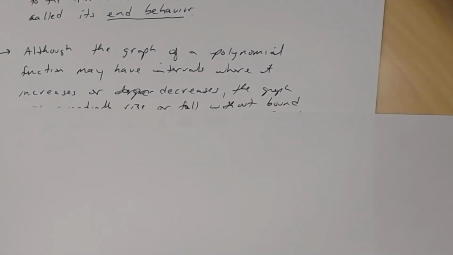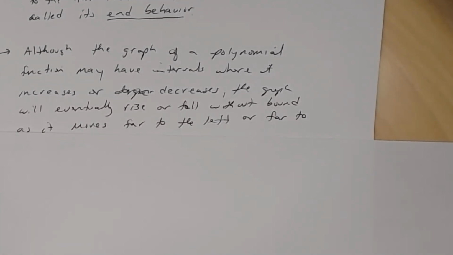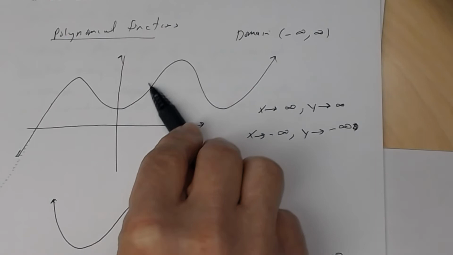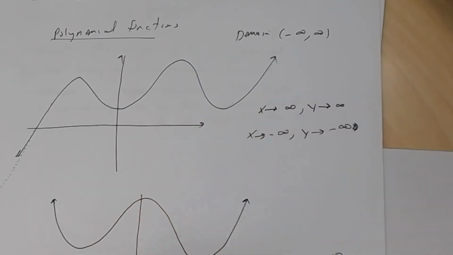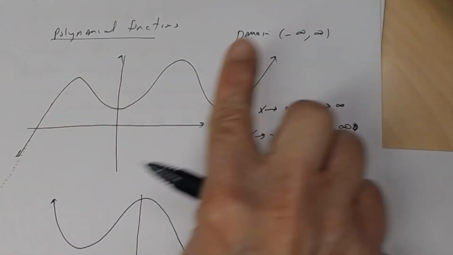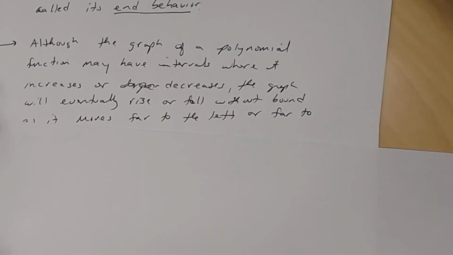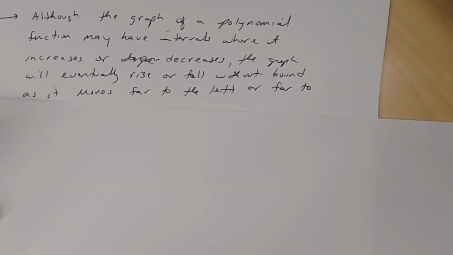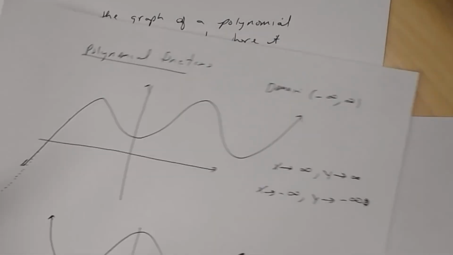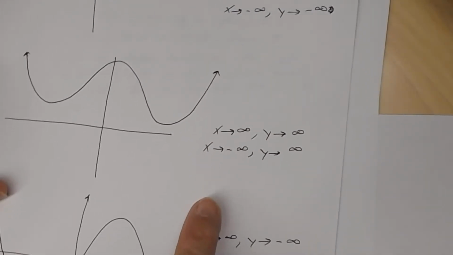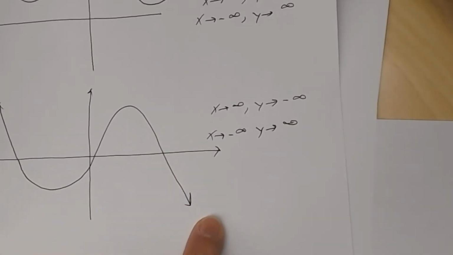Although the graph of a polynomial function may have intervals where it's increasing or decreasing, notice that when we graph these, it's increasing, decreasing, increasing, decreasing, increasing. So although the graphs of polynomial functions have intervals where they're increasing and decreasing, they will eventually rise or eventually fall.